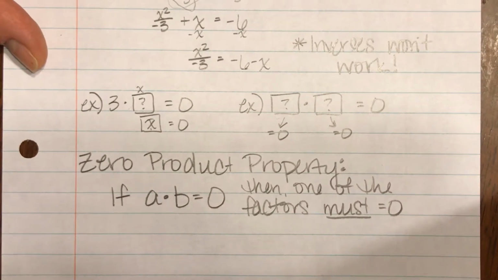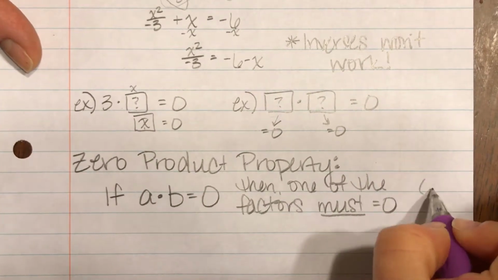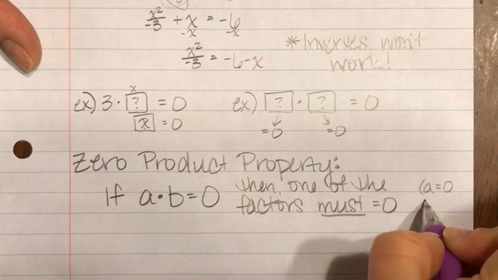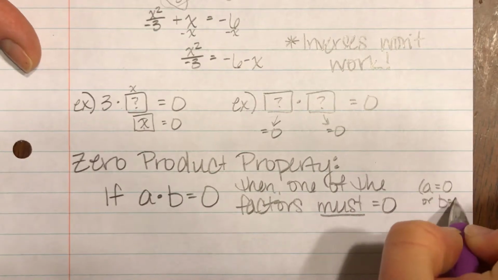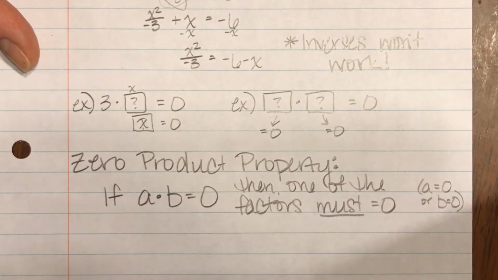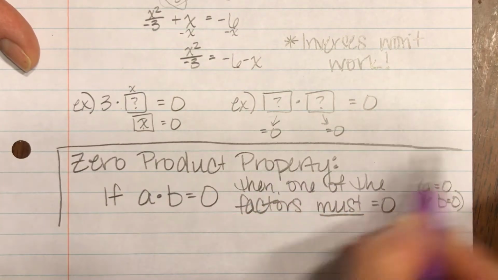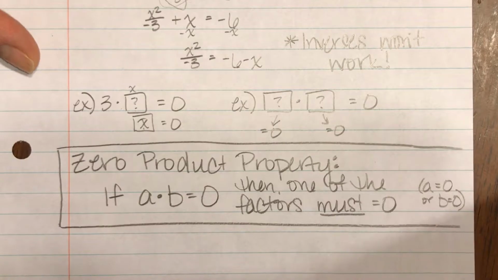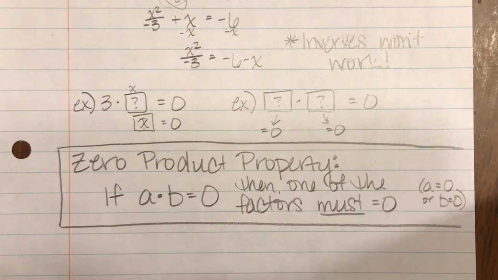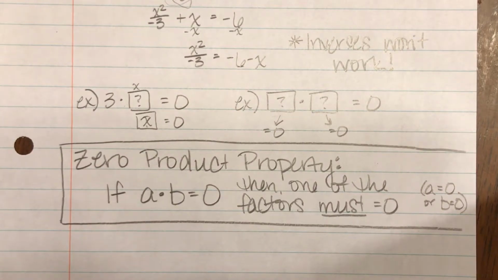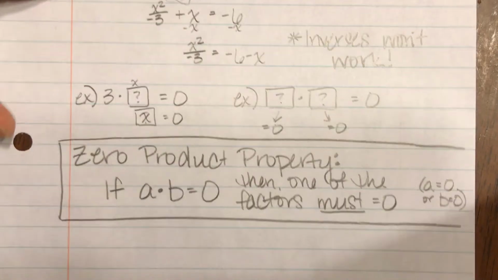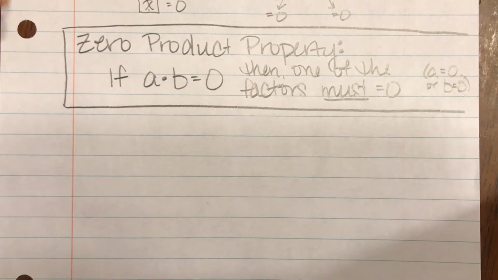So in other words, we could write that mathematically as A equals 0 or B has to equal 0. One of those two things has to be the case. This is a really useful property as we start getting into nastier and more difficult equations, and I'm going to show you why, but it's not going to make sense right off the bat.